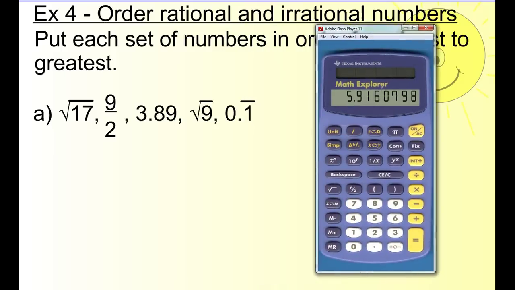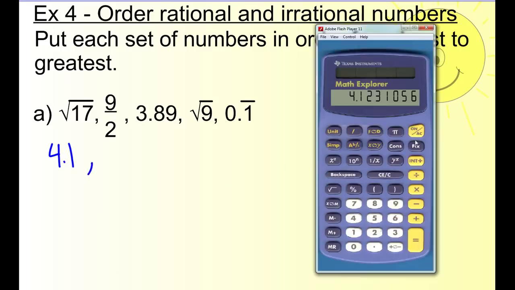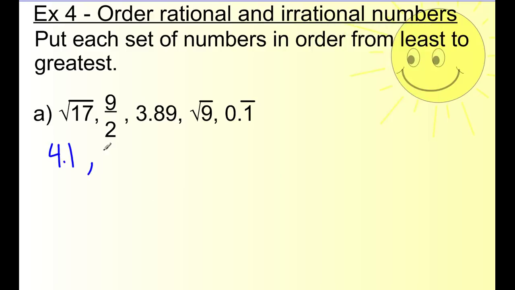So let's do that. Starting with square root of 17, 4.1. 9 over 2. That's going to be 4.5, but just to show you, 9 divided by 2 is 4.5. 3.89 is already a decimal, so we don't have to do anything to that.